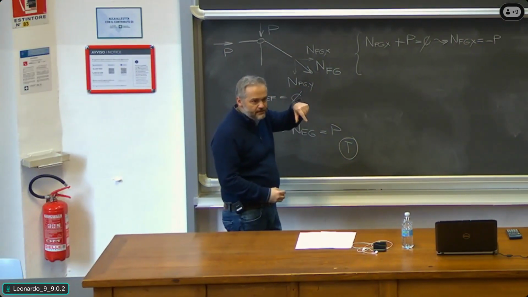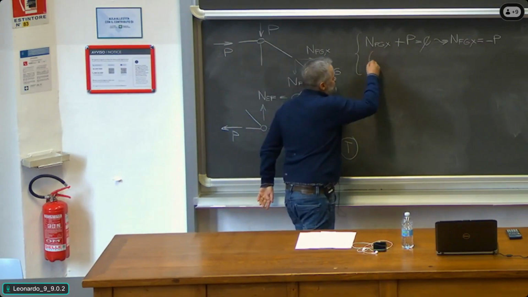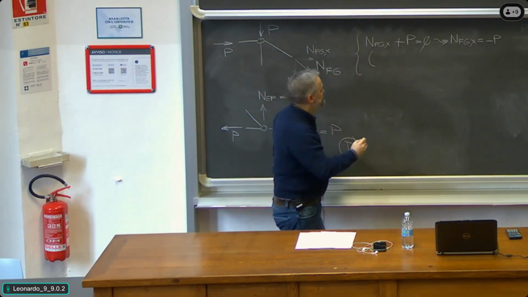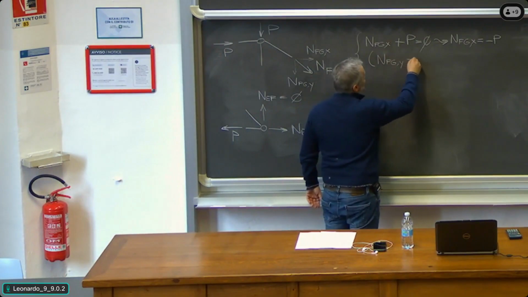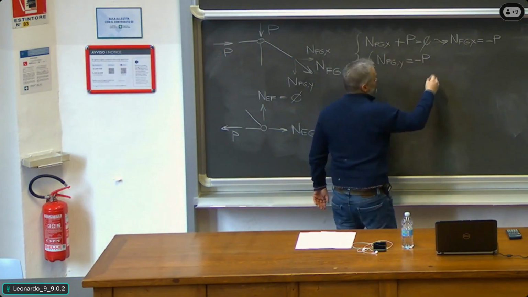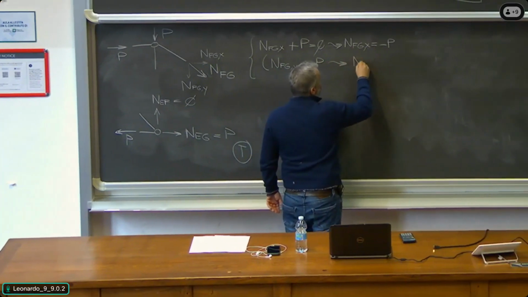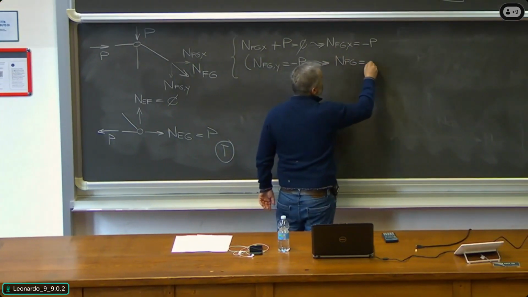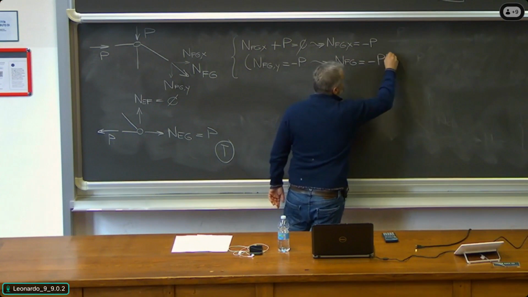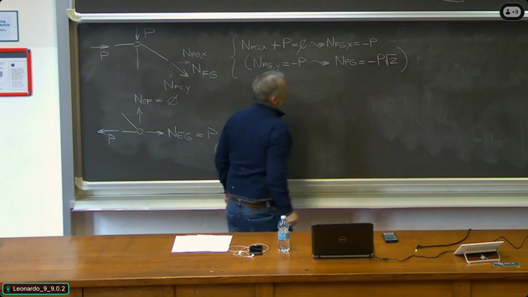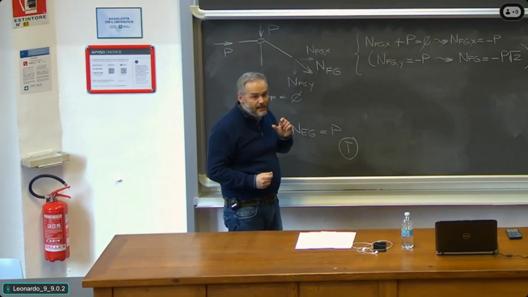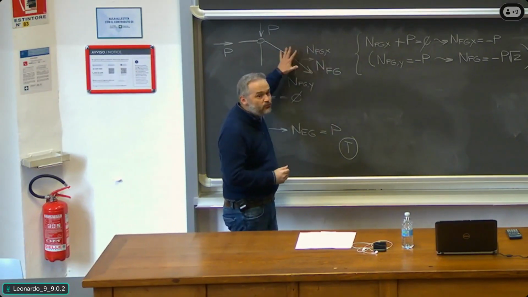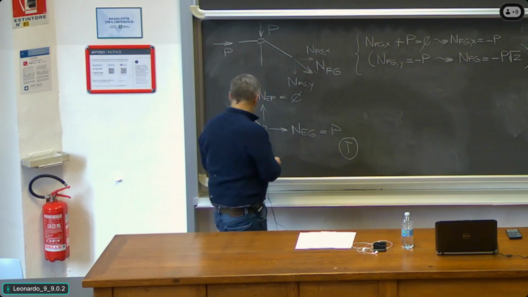Which means, between brackets, NFGY equal to minus P, which means NFG equal to minus P square root of 2. But let's now look at the vertical equilibrium. And remember, everything is now known. We have no unknowns.